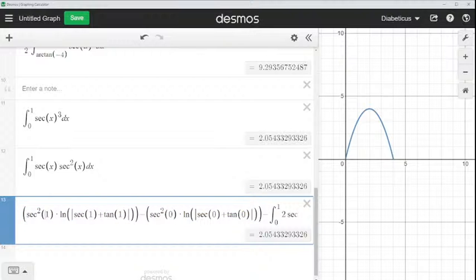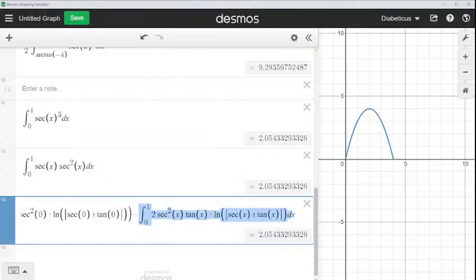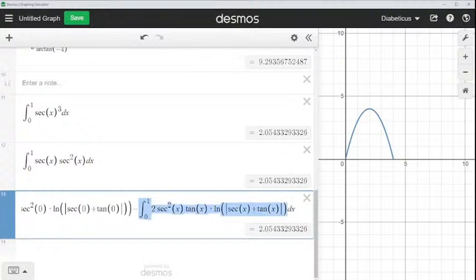We have this expression here. This one's a number. We don't have to necessarily find the number, but can we solve this integral here? That's what I remember the teacher said. Can we solve this? Well, we can go further and try to find the integral of ln of the absolute value of secant plus tan.